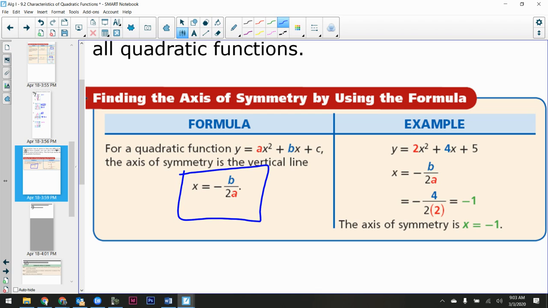X equals negative b over 2a. Say that with me. X equals negative b over 2a. This is the equation of the axis of symmetry.